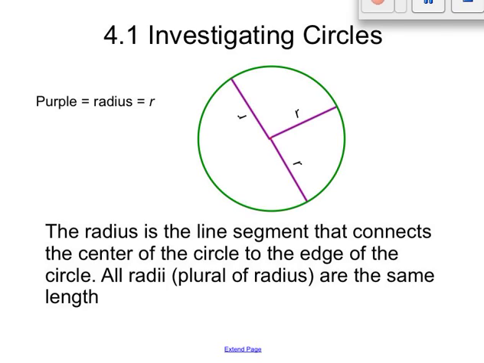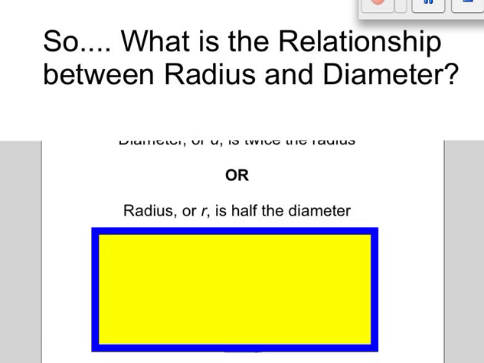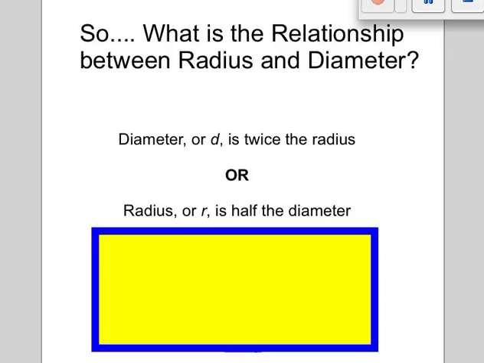So the relationship between the two is that the diameter, or d, is twice the radius, or r, and the radius is half the diameter. Another way to look at that is technically, you could say the diameter is equal to 2 times r, or the radius is equal to half of the diameter.